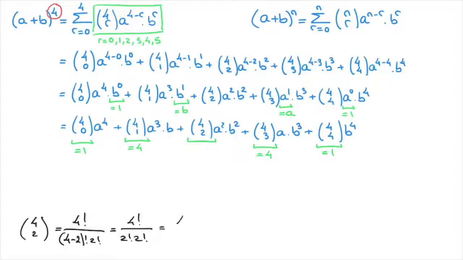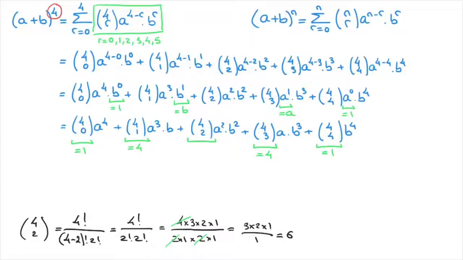And that's equal to 4 times 3 times 2 times 1 over 2 times 1 times 2 times 1. And now we can see that this simplifies quite nicely. Indeed, the 2 and the 2 simplify, or cancel out, I should say, with the 4, and that leaves us with 3 times 2 times 1 over 1. And it doesn't take us long to see that that equals 6.